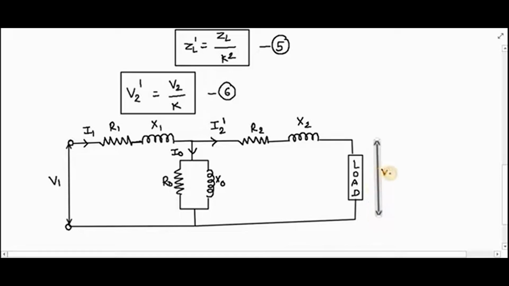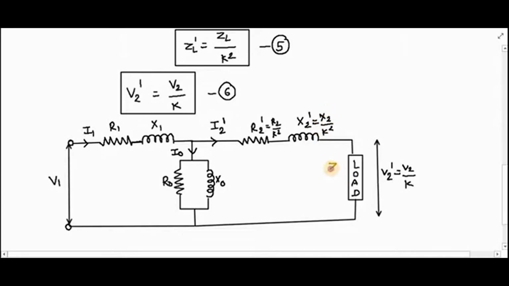When that voltage is transferred on the primary side, it will become V2 dash equals V2 by K. This will become R2 dash, which is nothing but R2 by K square. This X2 will become X2 dash, which is nothing but X2 by K square.